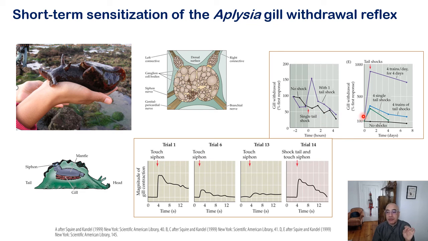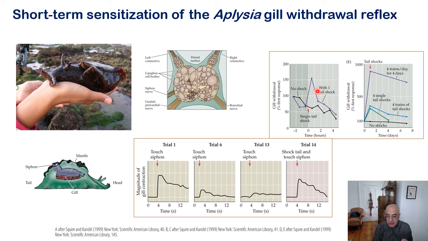But if you give it multiple shocks, you can actually make the animal become sensitized to the withdrawal when you touch it. So you give it shocks and then you test it by touching the siphon. That's what you do. So you pair it and it withdraws, and if you touch it again without shock, it will also withdraw very strongly for about an hour.